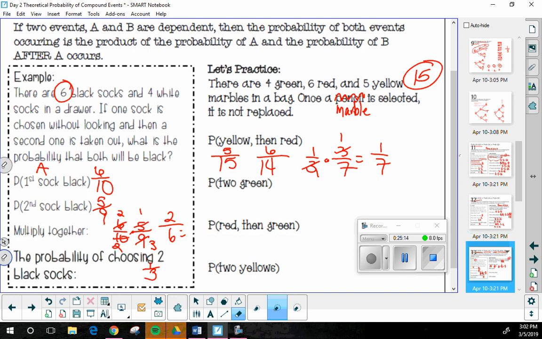Now, on this particular example, the only number that changed was the total in the bag. But look what happens with this. What is the probability that I select 2 greens? How many greens do I have? 4. Out of how many? 15, because on each one of these example questions, we're starting over. Now, I have a green, so how many greens do I have left?